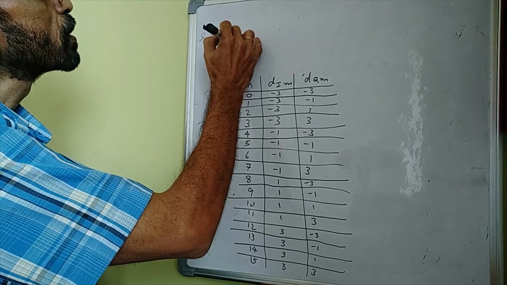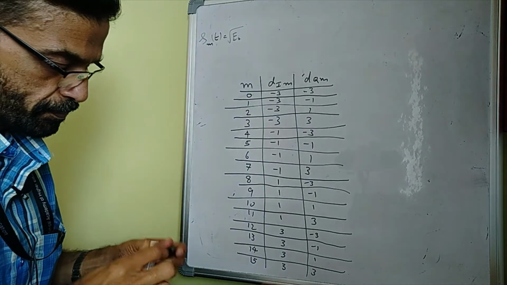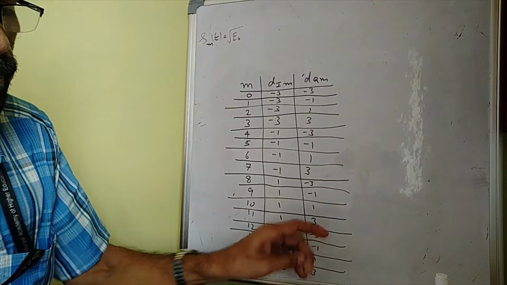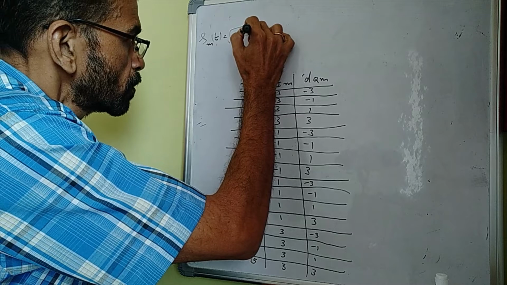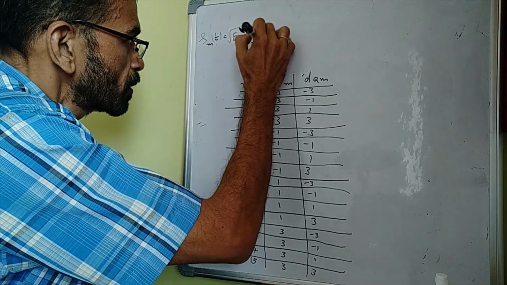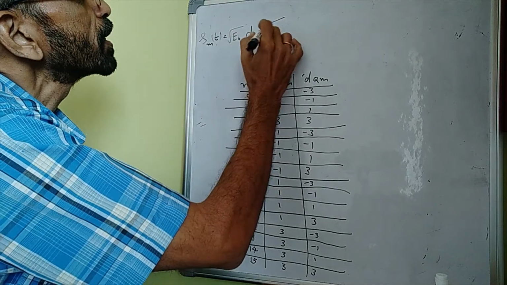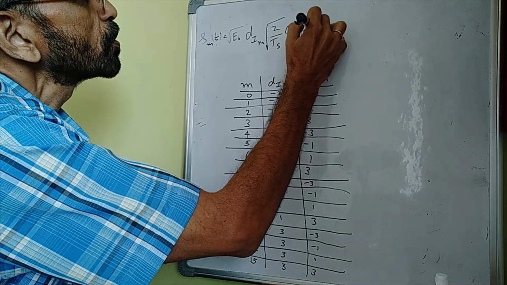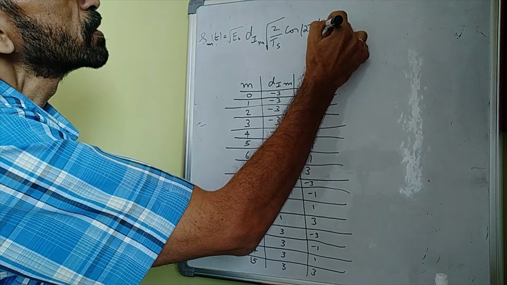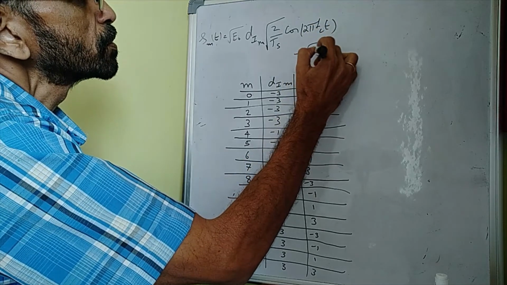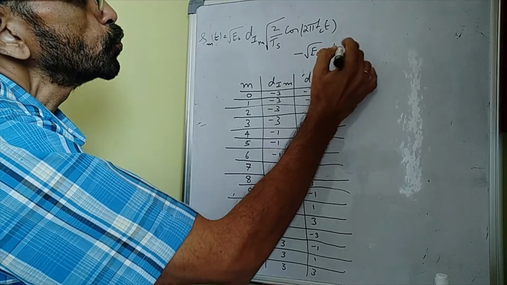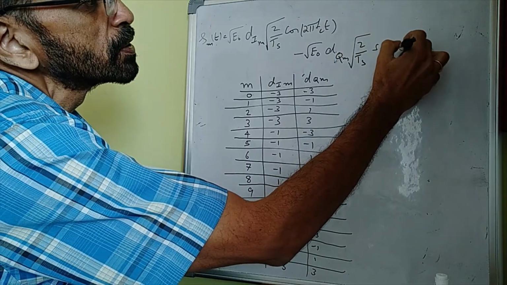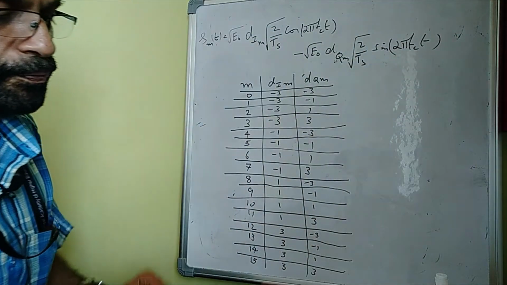So SMT is root E naught dim root of 2 by Ts cos 2 pi fc t minus root E naught dqm root 2 by Ts sine 2 pi fc t.